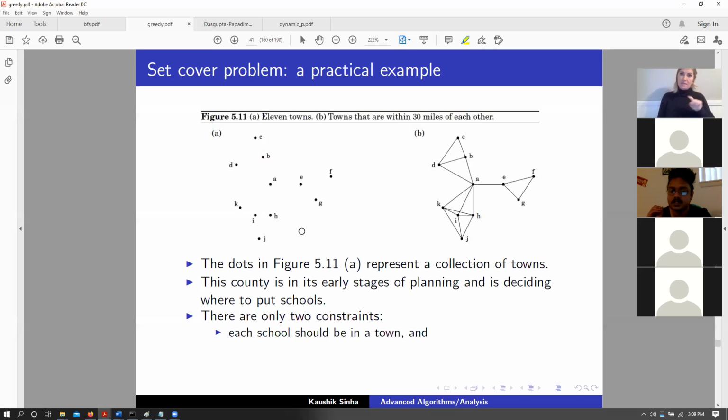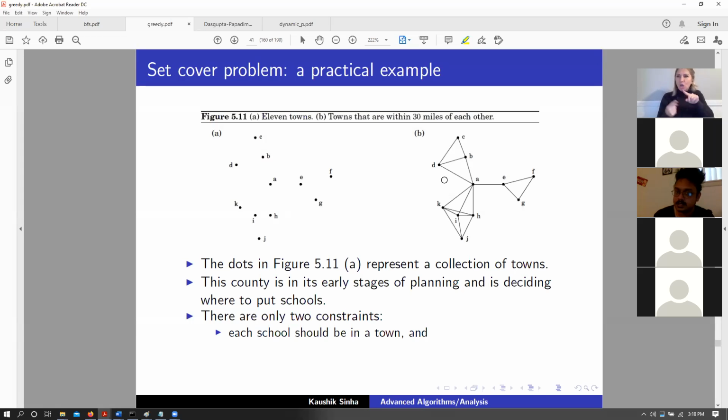These are your vertices. These represent towns in a particular, let's say, country, right? Now, let's say that you have been tasked to create schools in these towns where you want to create as minimum a number of schools as possible, but you want every kid to have a school that is within a 30-mile radius of these towns.